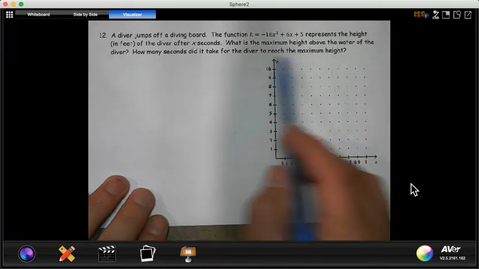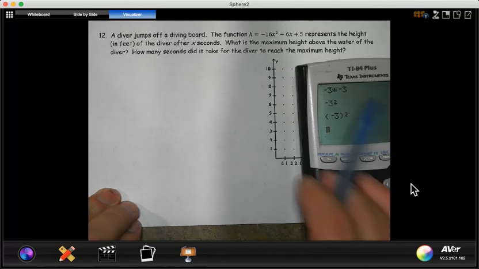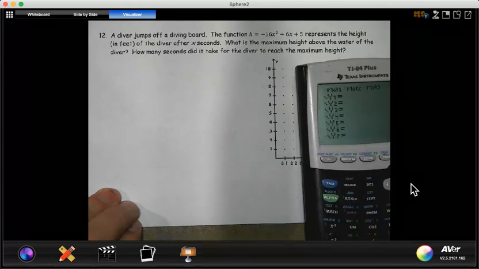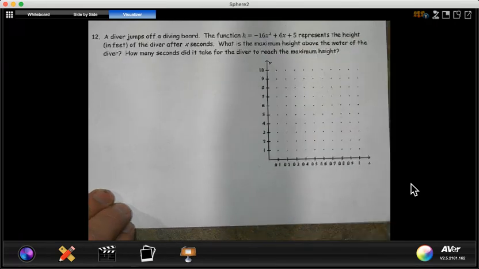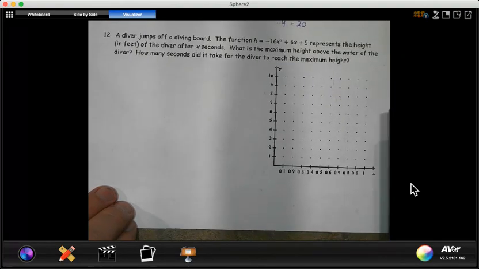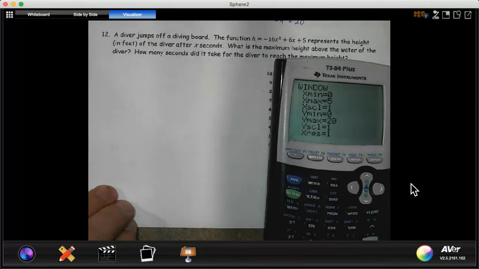Let's get the graph first. It's negative 16x squared plus 6x plus 5. My window goes from 0 to 1 and 0 to 10. So watch: X min 0, X max 1, Y min 0, Y max 10.